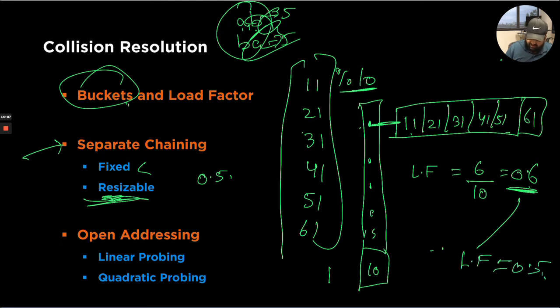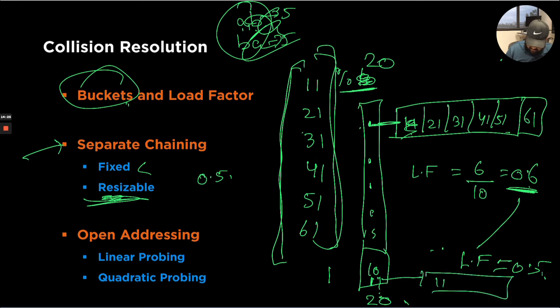And when that happens, we increase the number of buckets to 20, and we also change the hash function to mod 20. So now you will see that these numbers land in different positions: 11 will land at the 11th bucket, 31 will land at that 11th bucket, and 51 will also land at that bucket, and 21, 41, and 61 will stay at the first bucket.